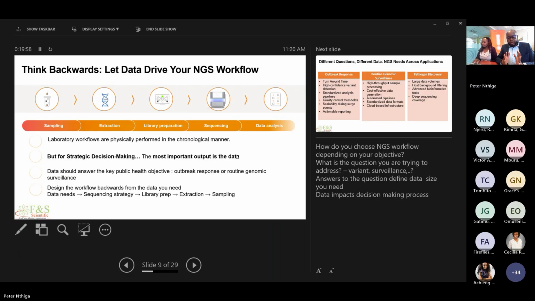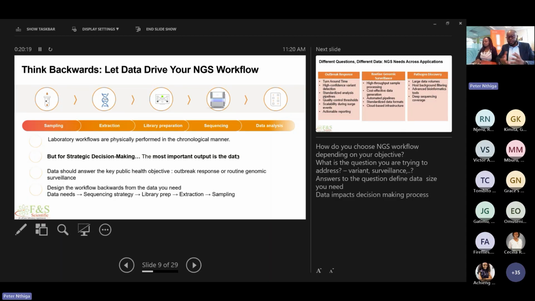So the idea here is always consider your data needs first, always design your workflow backwards when you're making your decision making, because that comes a lot in handy in presenting the findings of your objective.